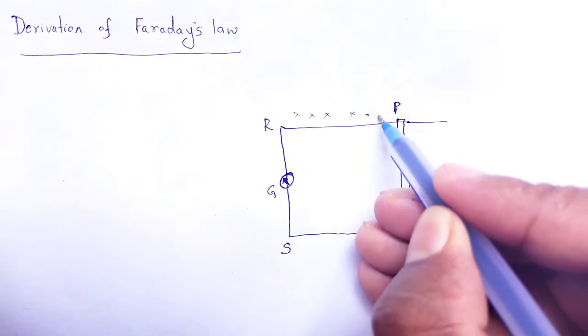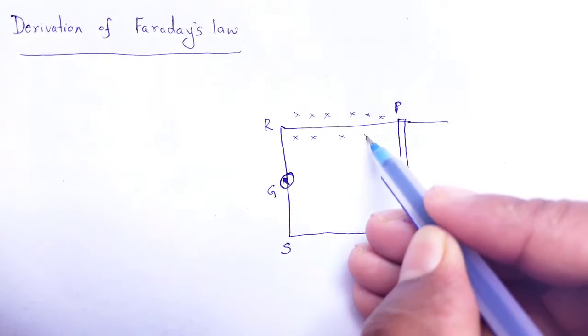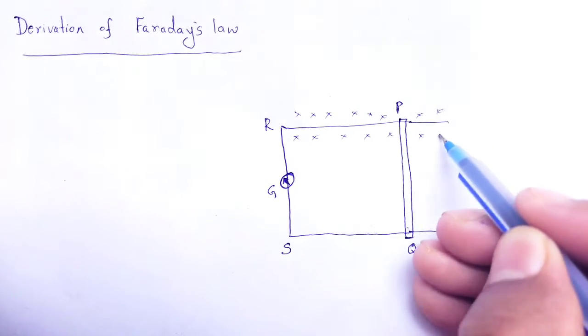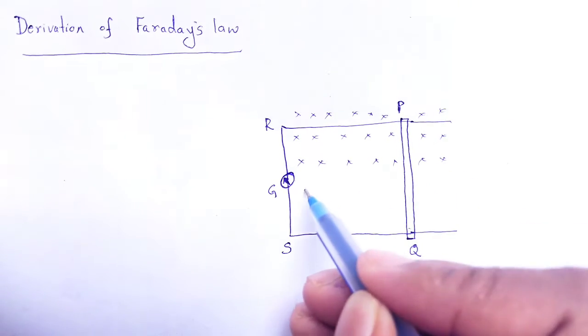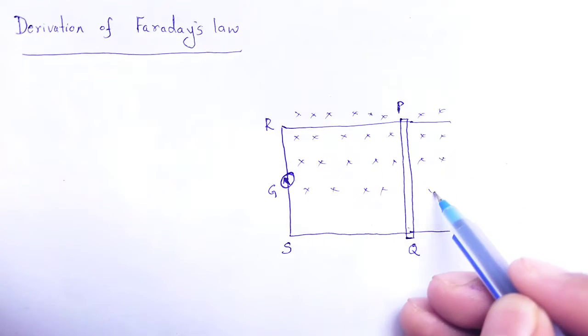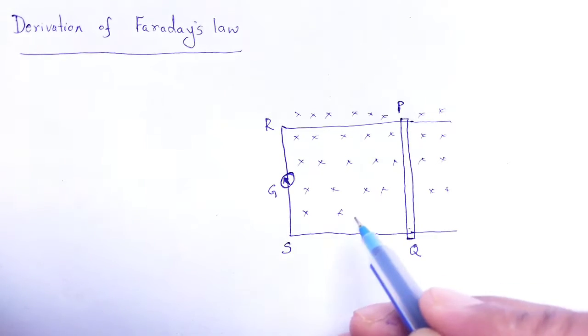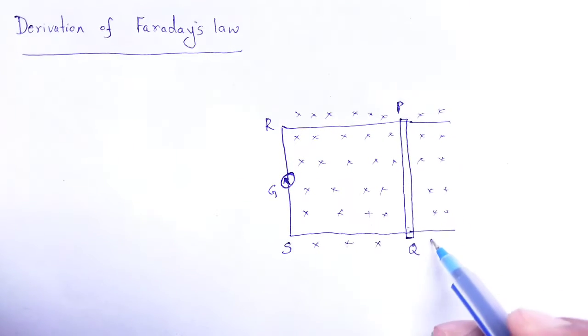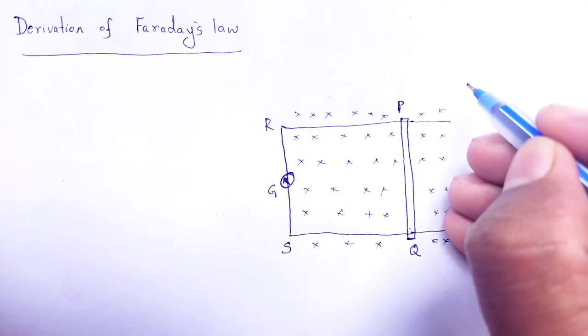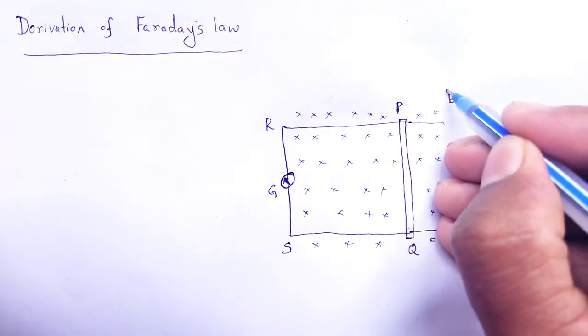These are the direction of the magnetic field, that cross sign indicates these are the inward magnetic field B.